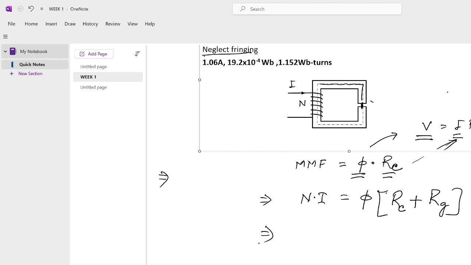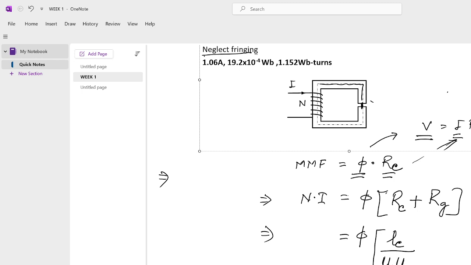Rg, reluctance of the air gap. Yes, yes. Okay. Then we have phi times Rc. For the core, we will denote it by Lc upon mu naught, permeability of air, into relative permeability of iron.